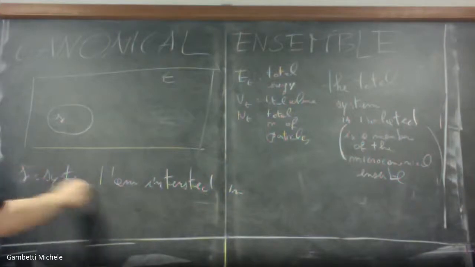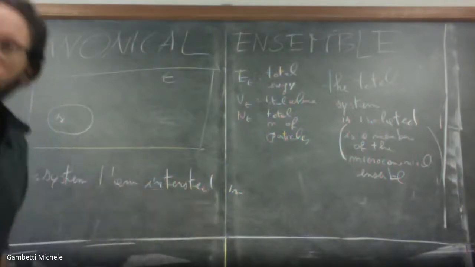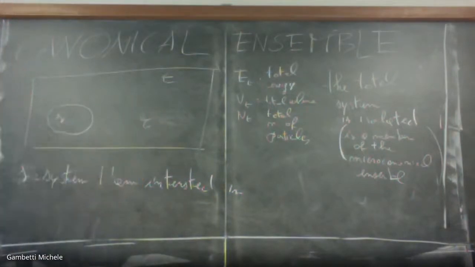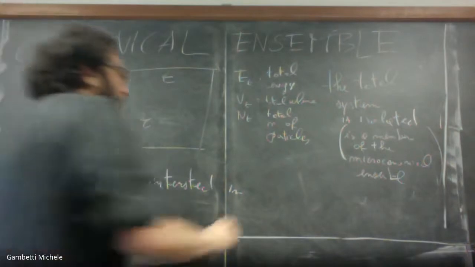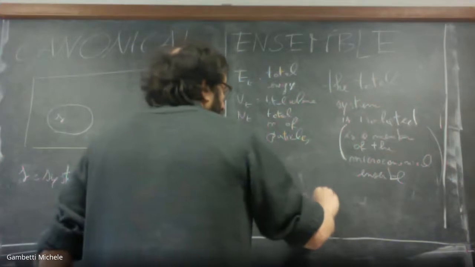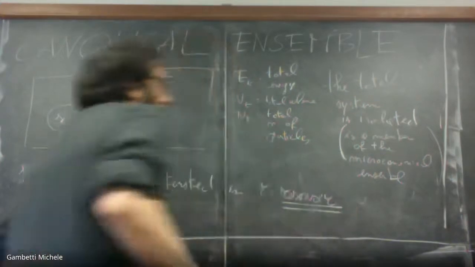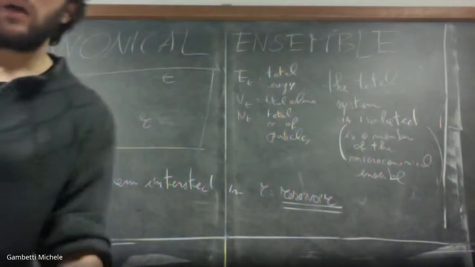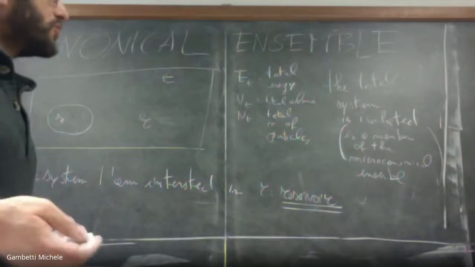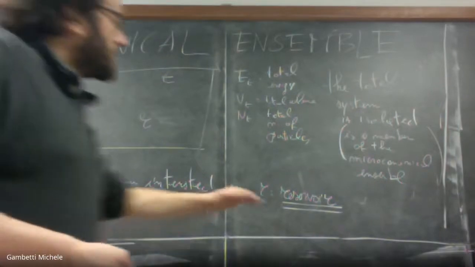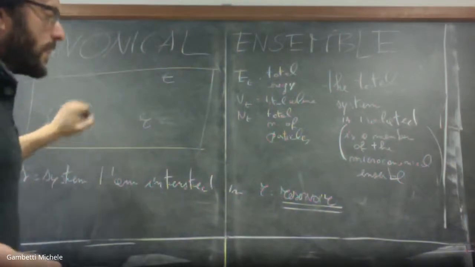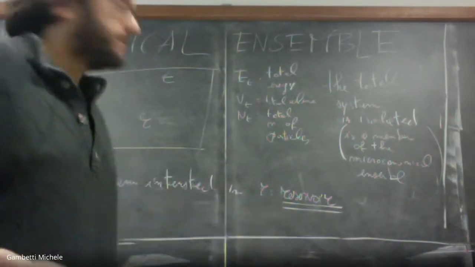Okay, so S is the system for which I want to compute the thermodynamics, and then I have another system, R, and R stands for reservoir. Reservoir in the meaning that you also know from general physics. So it's a system that can exchange energy with S without any change of its temperature.